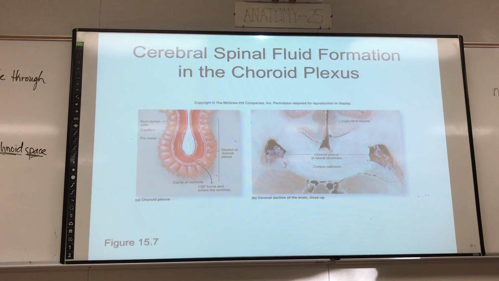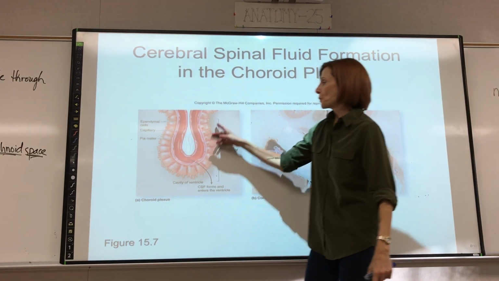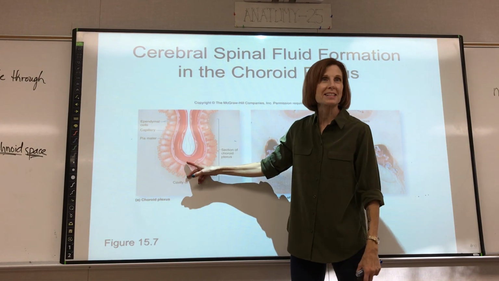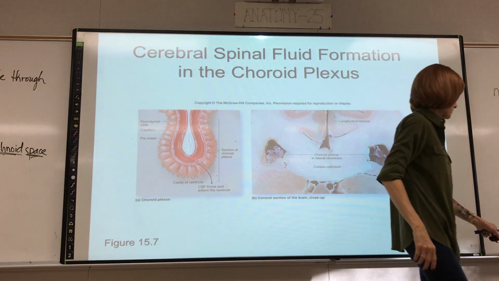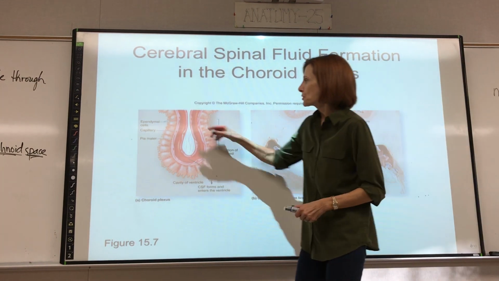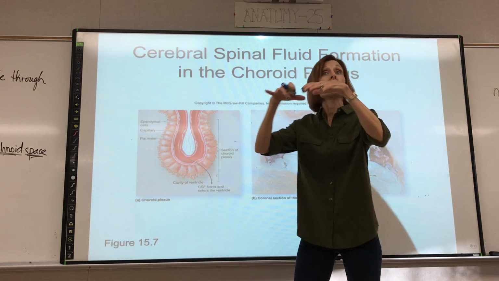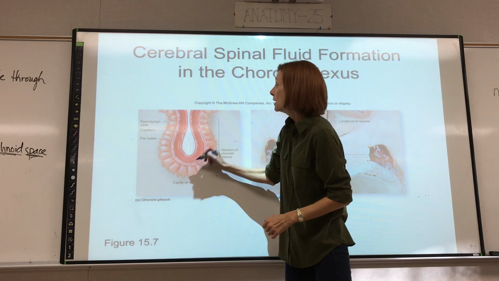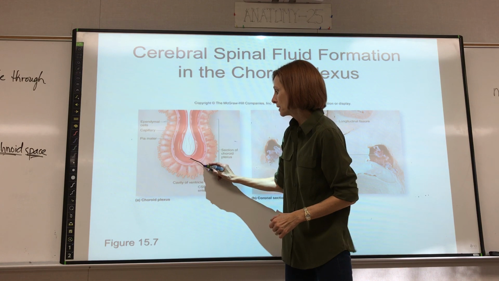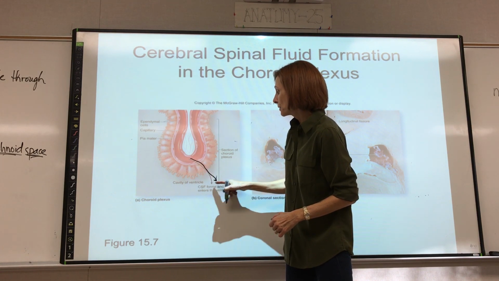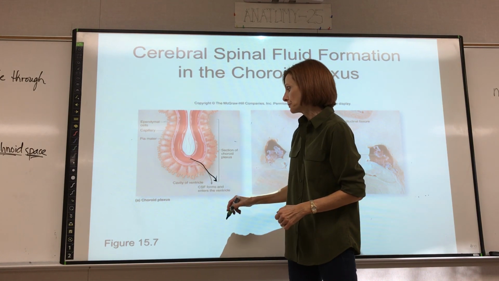Okay, so this is actually a drawing of what the choroid plexus might look like. I don't know if this is the most helpful drawing in the world, but it shows a blood capillary, and it shows again how the blood plasma leaks out across the wall of the capillary. It goes through the ependymal cells, and now it's out in the cavity of the ventricle.